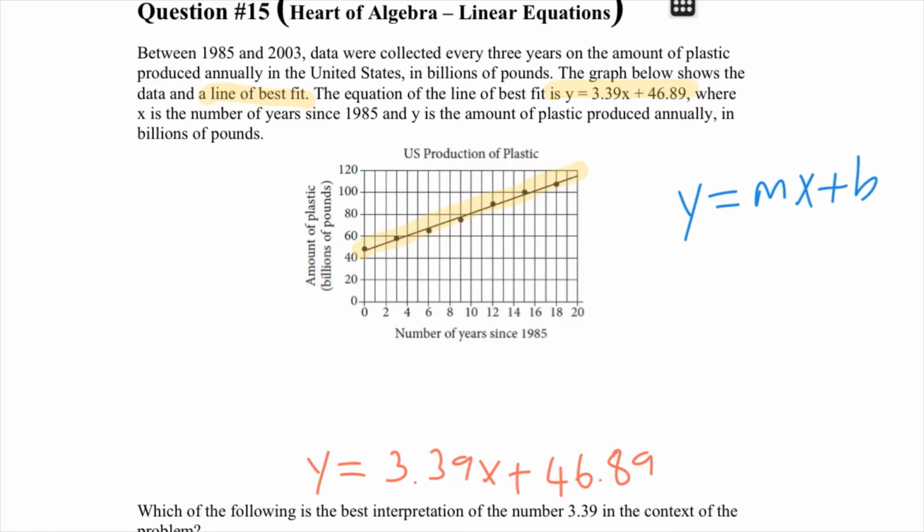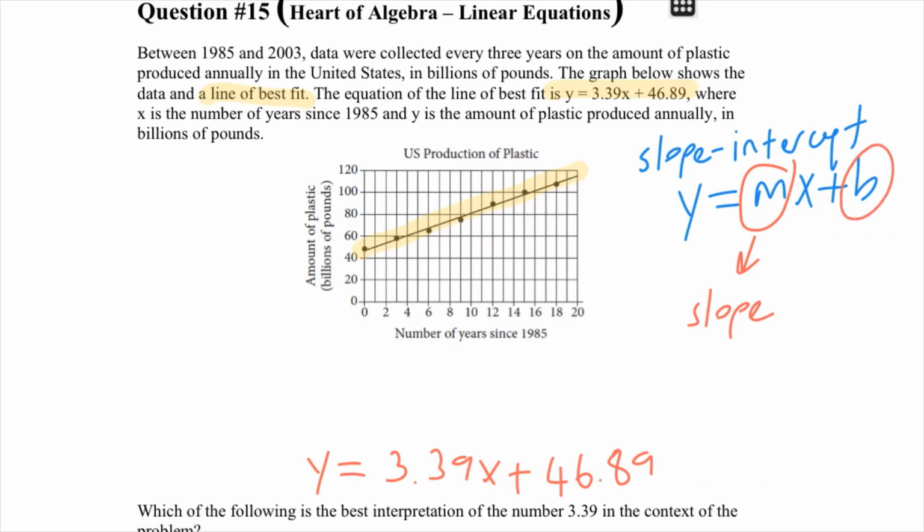It is called the slope intercept form. In it there were two parts very important for me: m, which is my slope, and b, my y-intercept. m is in front of x. In this equation, in front of x, I have 3.39.